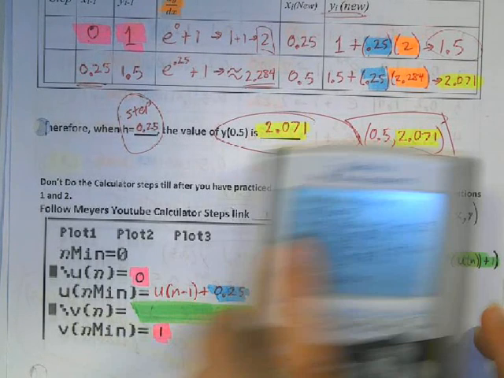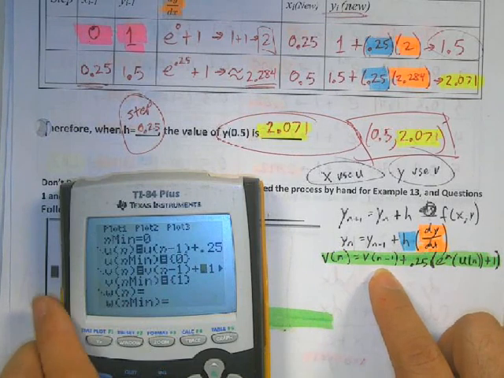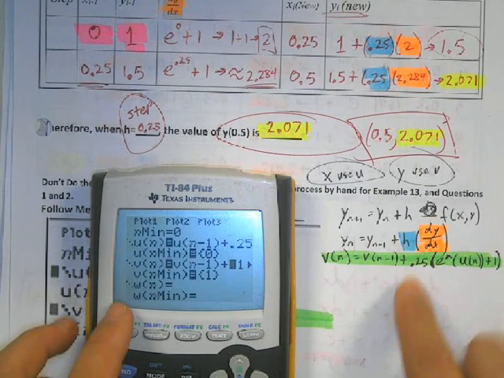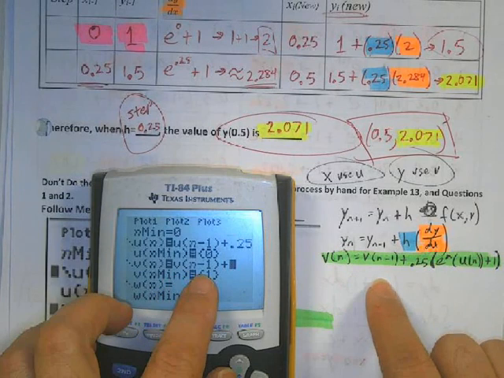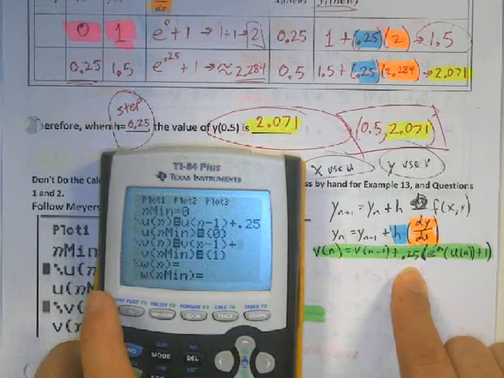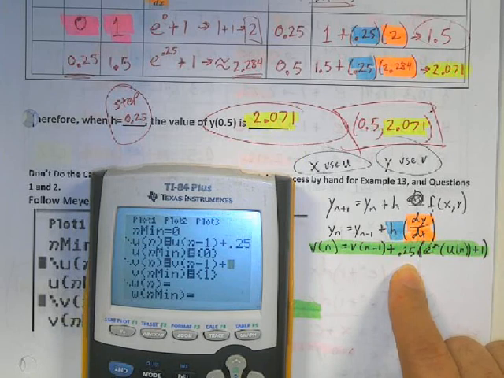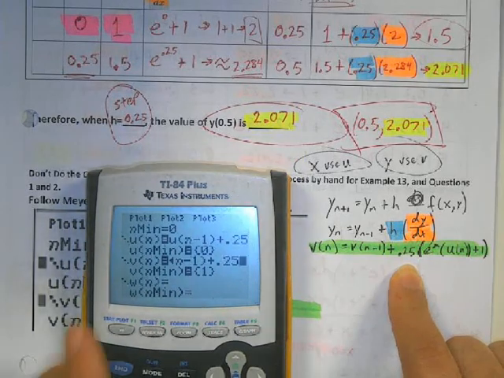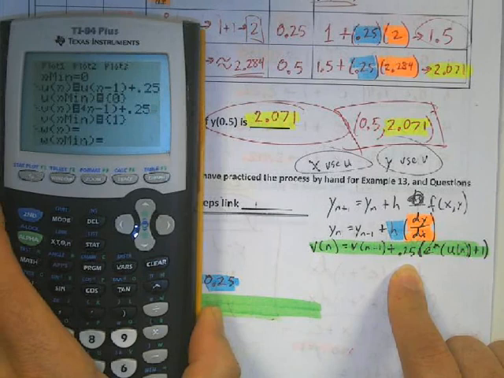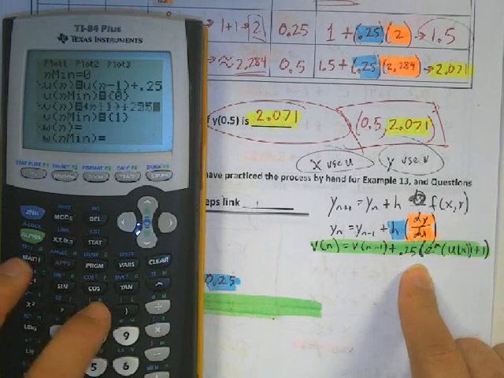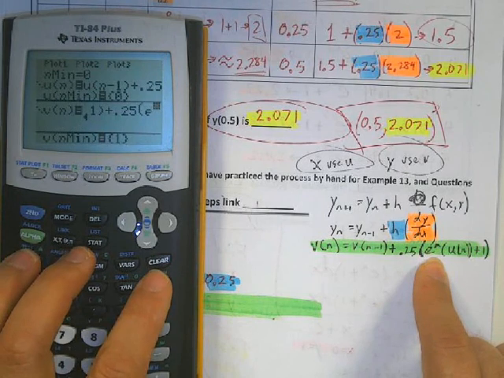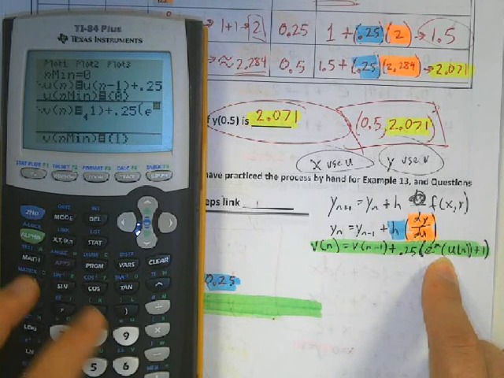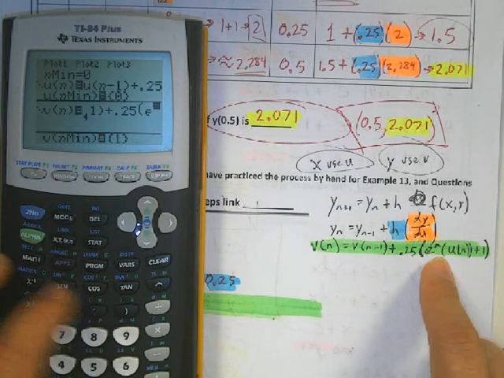Now you're always going to have v parentheses n minus 1, so I still have that in there. I'm going to delete all this other stuff here so I can type that all fresh. So v parentheses n minus 1. Now we're going to type in this stuff here: 0.25, and then parentheses e caret parentheses u.